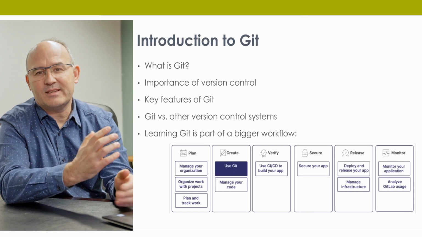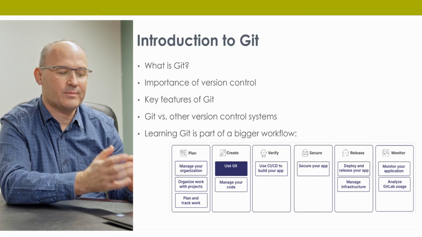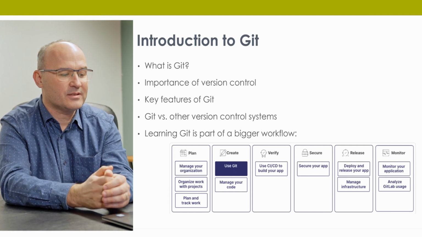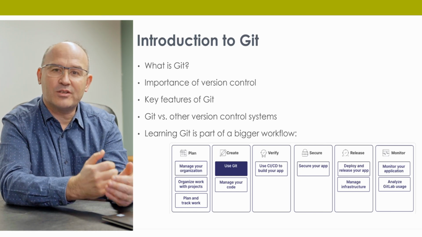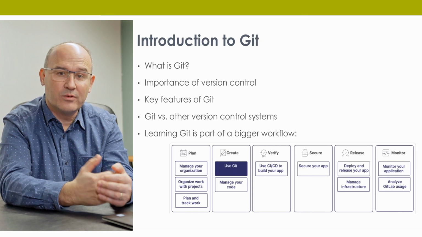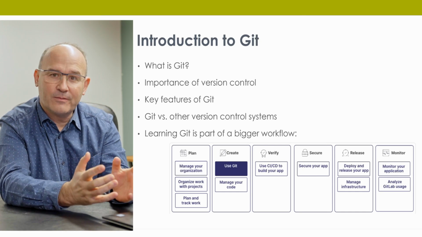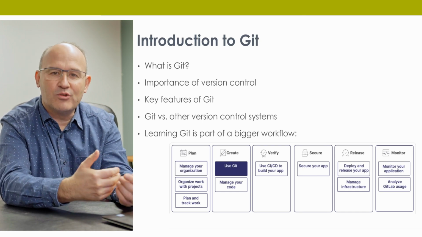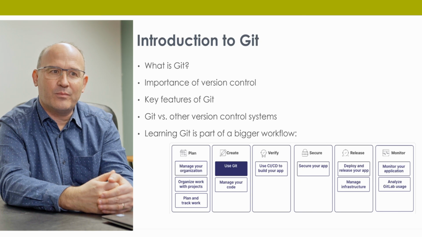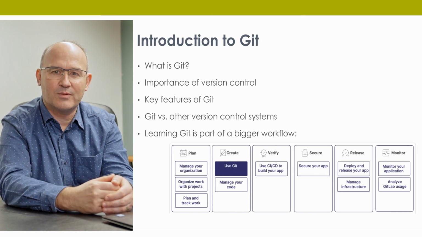Often, learning Git is part of a bigger workflow. Once the software project has been planned, the organization is managed, the work is managed through projects, the work is planned and tracked, maybe with Jira or a similar tool to what we've looked at in software engineering. Then we get to the creation phase, and as soon as we start to create software, it's a very good idea that we start using Git to revision control and store the creation of the project as we go.